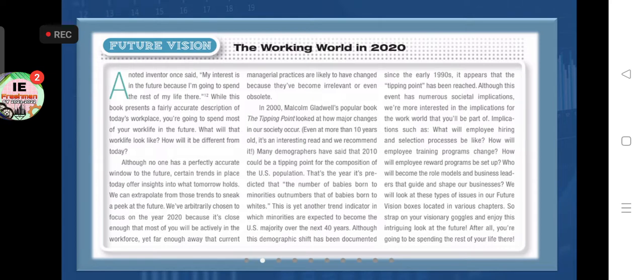We will look at these types of issues in our future vision boxes located in various chapters. So strap on your visionary goggles and enjoy this intriguing look at the future. After all, you're going to be spending the rest of your life there.